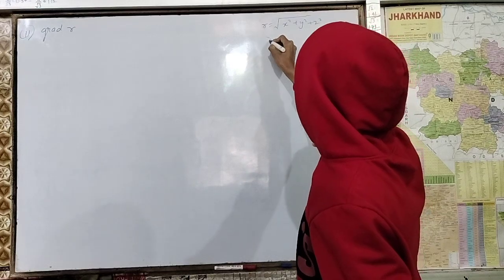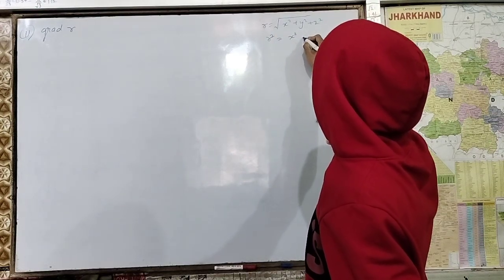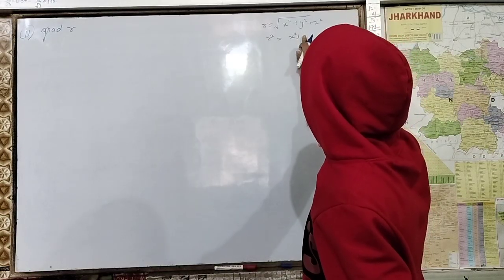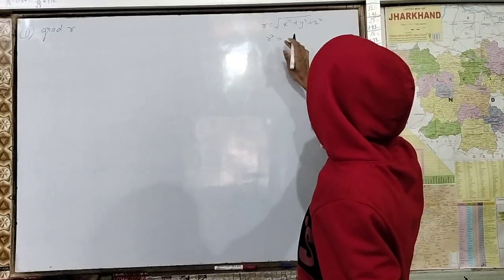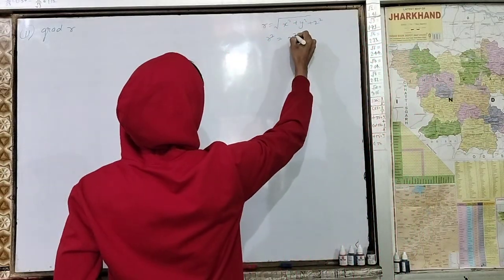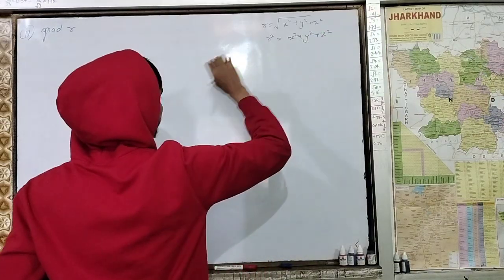What will be the value of r square? Not x square. r square will be x square plus y square plus z square. Try to understand.